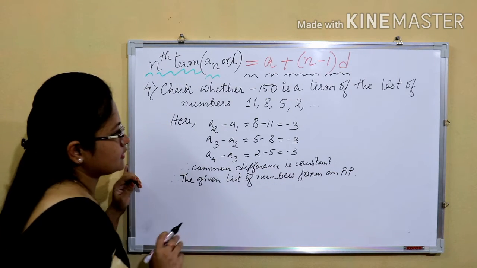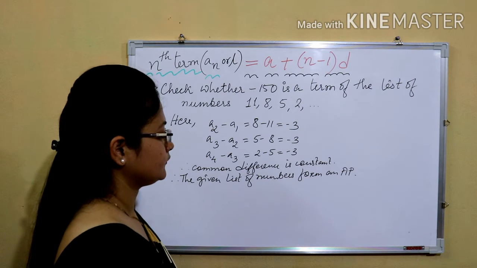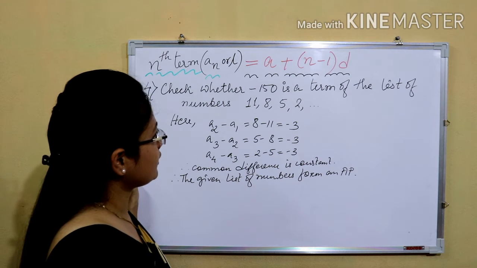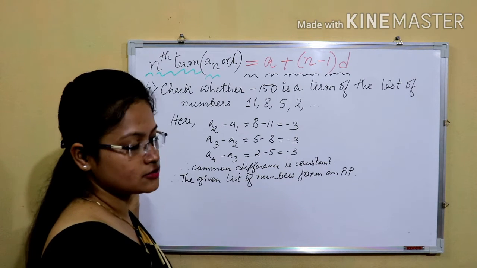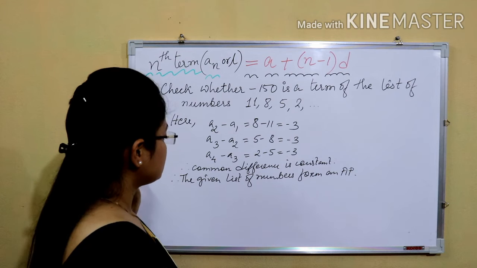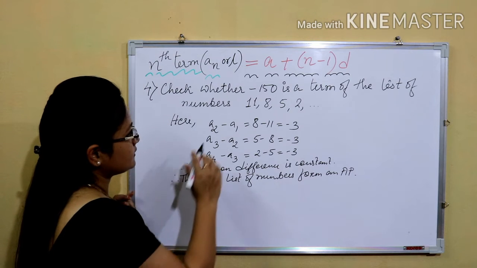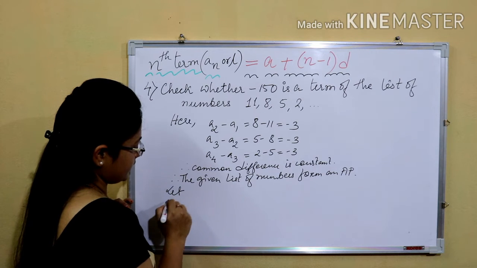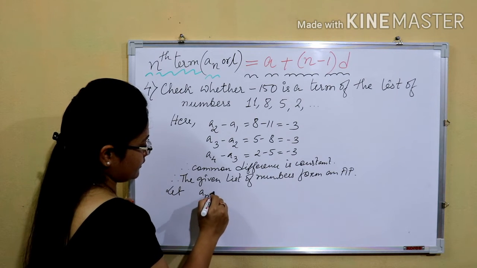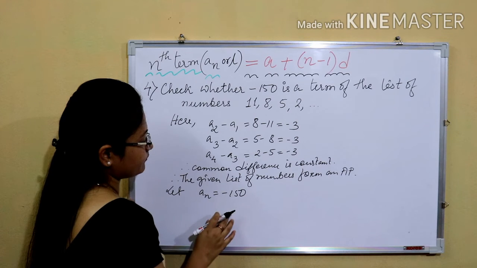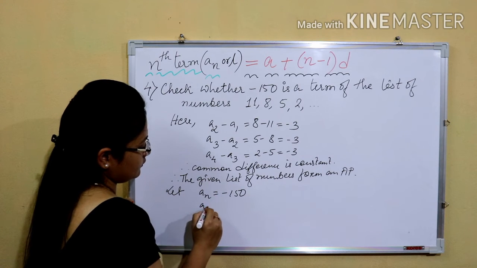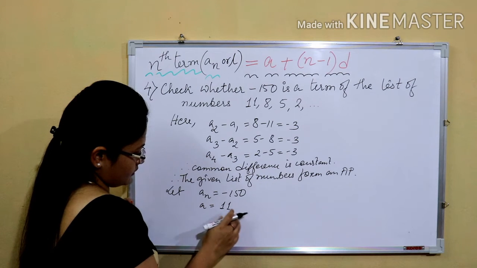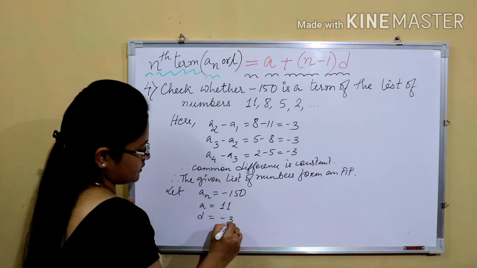So we came to know that these numbers are in the form of an AP. But we are asked to find out whether minus 150 is a term of this AP or not. So let us say minus 150 is an. Let an equal minus 150. A in this case is 11, and D we got is minus 3.